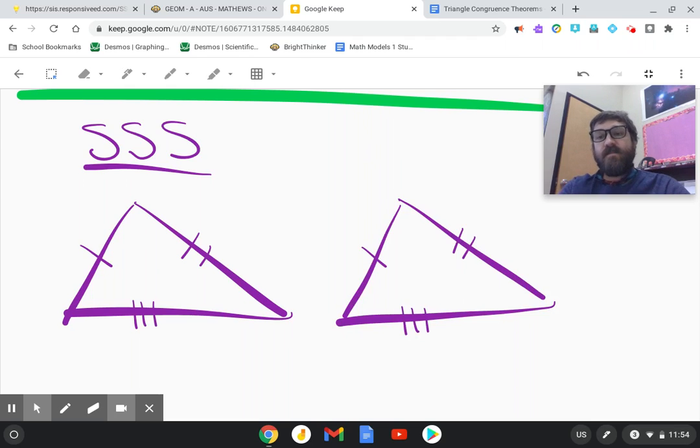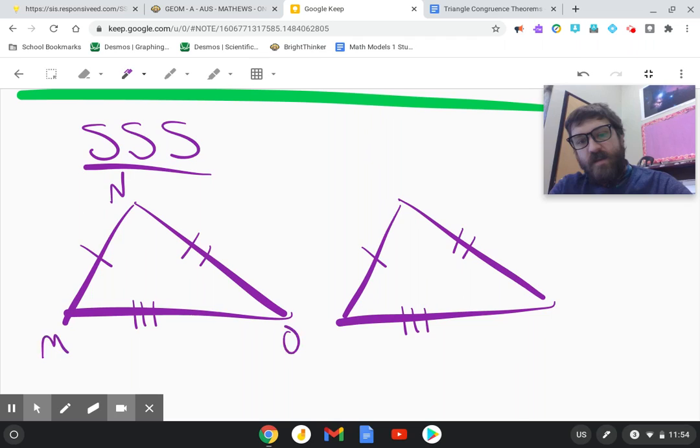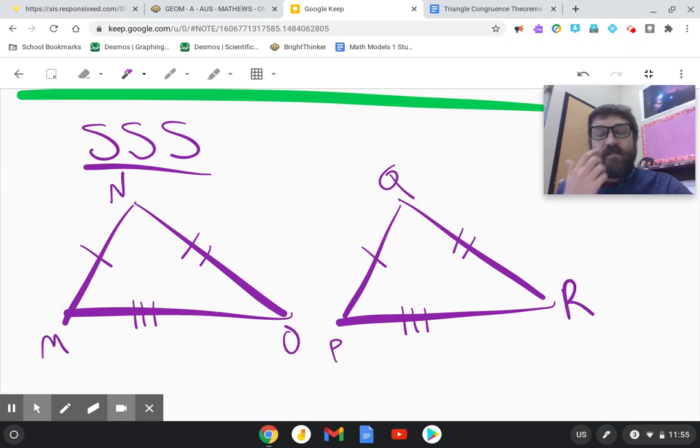And so side is kind of the first and most obvious way to prove that two triangles are congruent. So if I can say that triangle MNO has all the same sides as triangle PQR, then I could say that those two triangles are congruent.